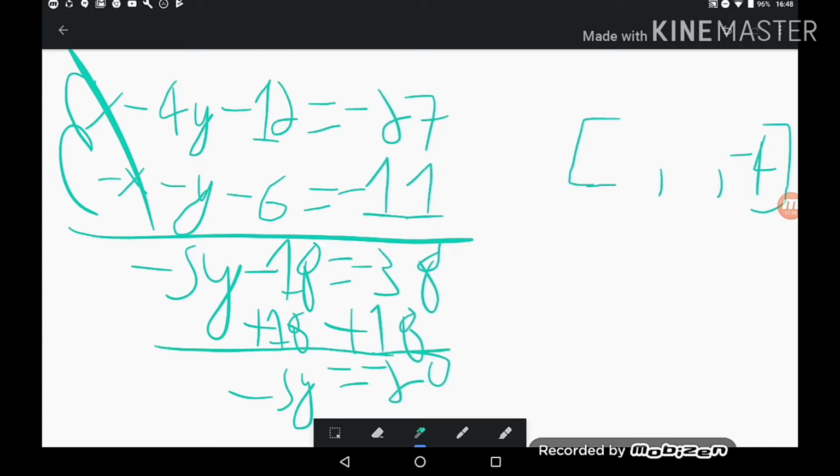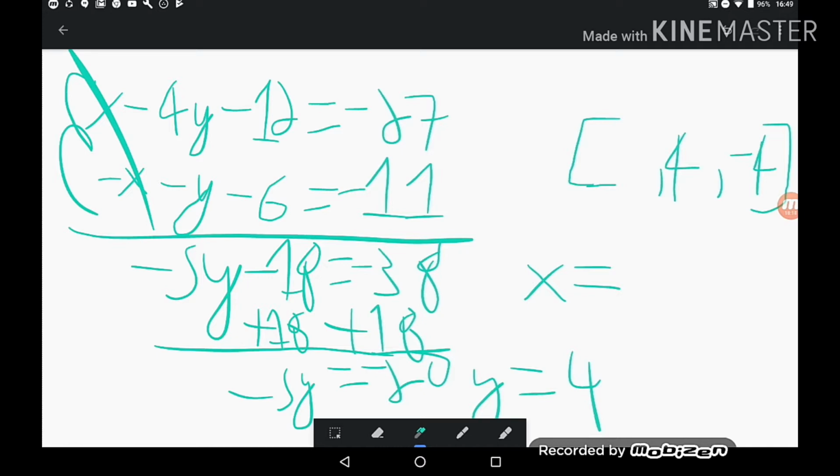And of course you see that y equals 4. Now, to figure out what x equals, all we have to do is plug 4 back in for the y you see to confirm that they both equal negative 27 and negative 11.